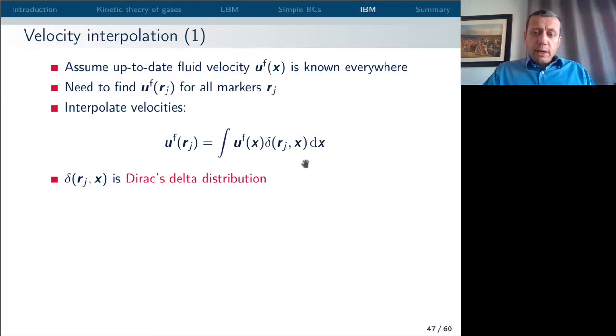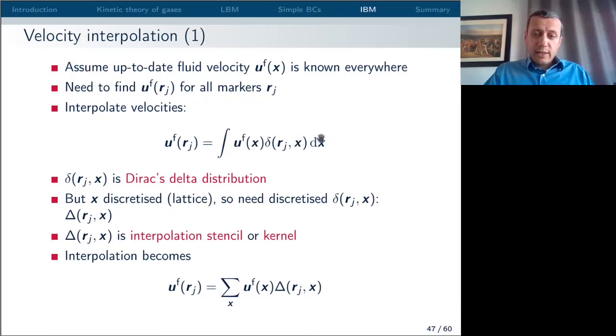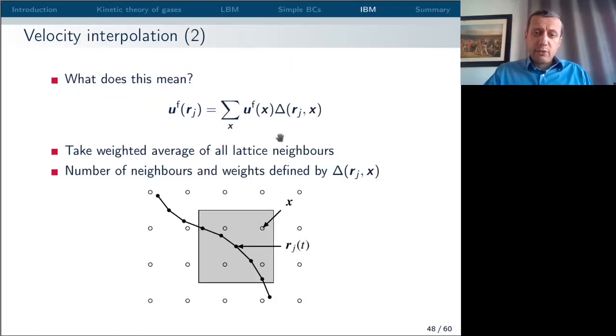How do you do this? If you have an infinitely fine lattice, you can use your delta function to obtain your velocity at the position of the marker, but we don't have an infinitely fine lattice, which means we have to discretize the interpolation, which means we have to find a discretization of the Dirac delta distribution, and this is usually a smooth kernel function, a kernel or a stencil, and our integral, our convolution here becomes a finite sum over neighboring lattice nodes.